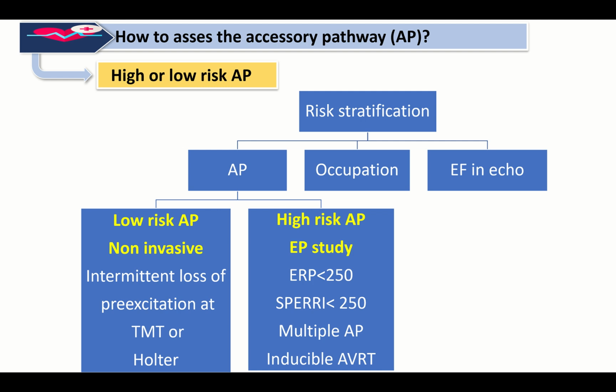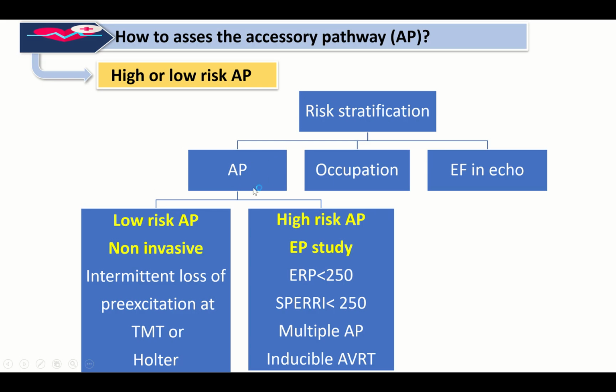So, golden rule, what is a high risk and low risk accessory pathway, and how can we know? Three steps. Number 1, ejection fraction in echo. If the patient has impaired ejection fraction, it is evidence of desynchronization and we have to ablate. Number 2, occupation. If the patient is working as a pilot, it is a high risk occupation and we have to go for ablation.